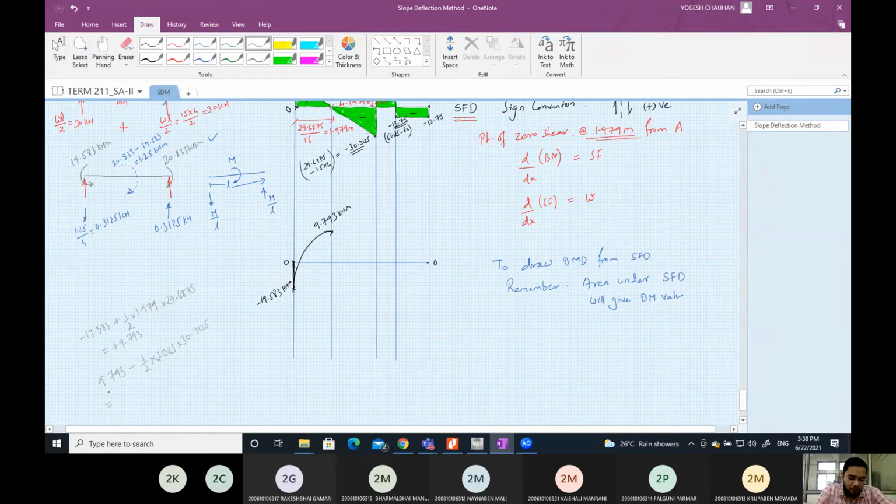So how much is this value? 9.793 minus 0.5 into 2.021 multiplied by 30.3125. This will give you minus 20.838.